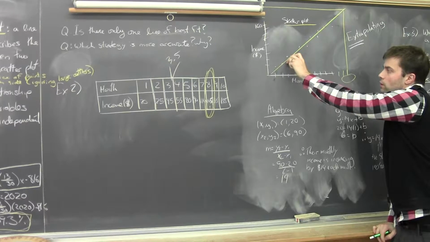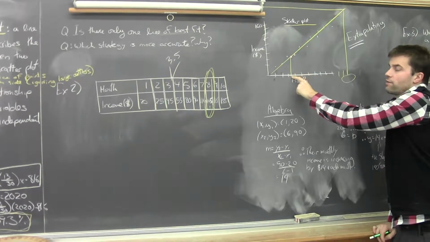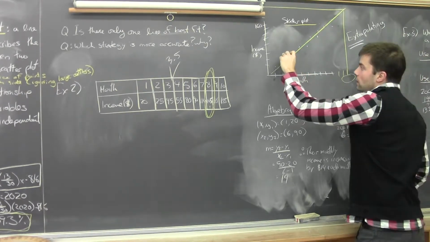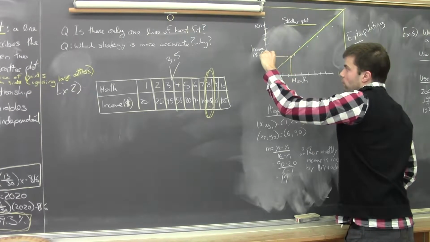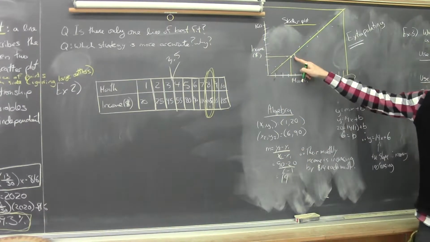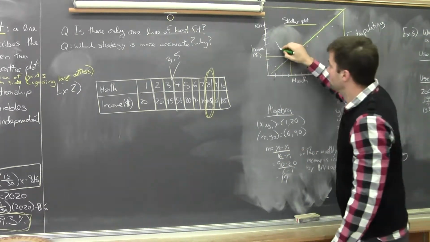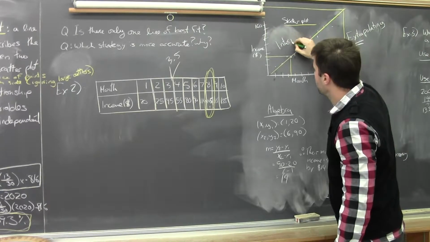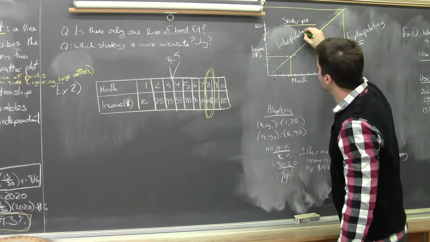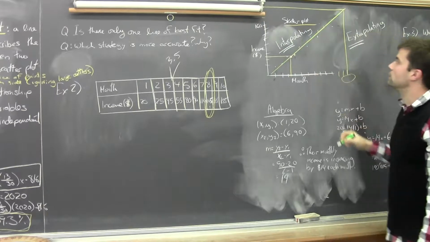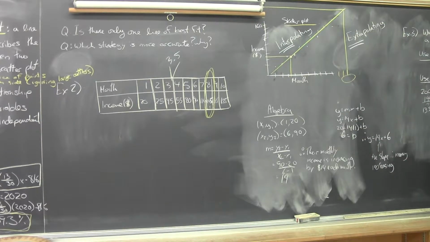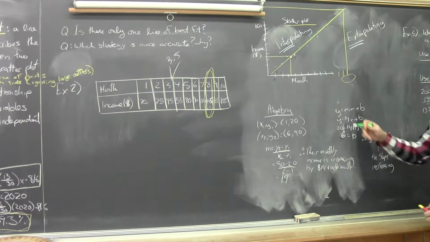I'm trying to determine, this is my 3.5 months. I want to determine the income at 3.5 months. I run this back to there. This is called interpolating. So it's the same word, just the beginning is different. Inter means between, extra means beyond. All right, so extrapolating, interpolating. Okay, those are 2 definitions you should be familiar with.